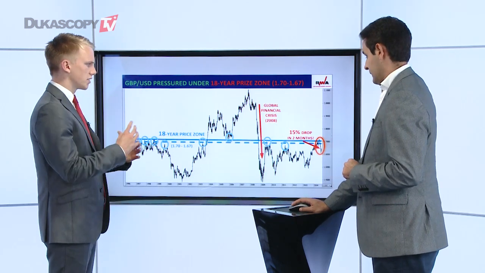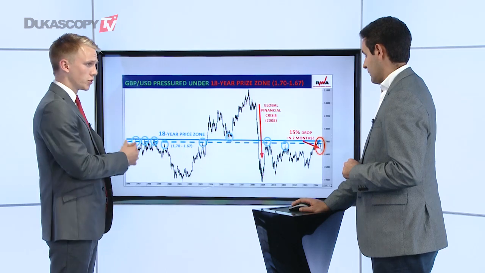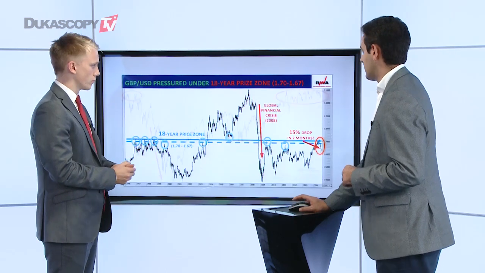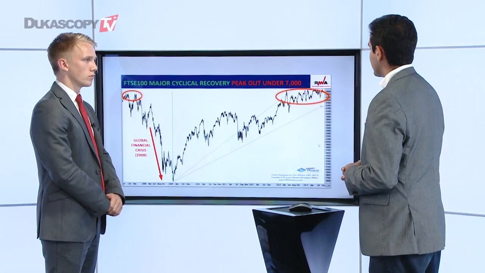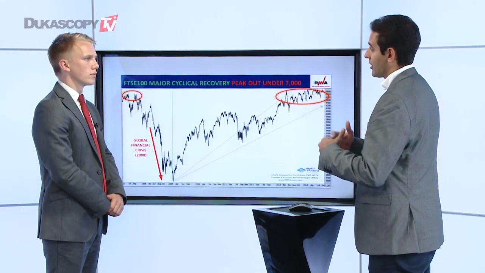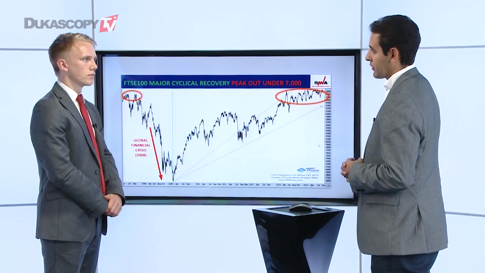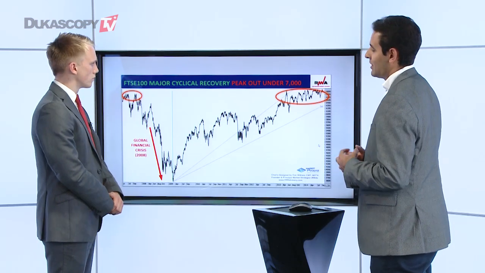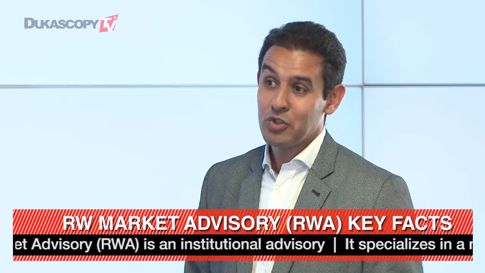Okay, and is the situation at all similar for the FTSE 100? Yes, if we look at the FTSE 100, of course, this is the equity story. We can see that despite the sterling depreciation and fluctuations generally on the currency, the FTSE has maybe told a different story. It has been within this distribution top pattern, as we say in technical analysis, for roughly 9 months. So for pretty much most of this year of 2014, we've been doing nothing really.